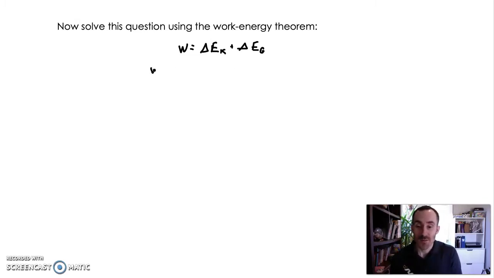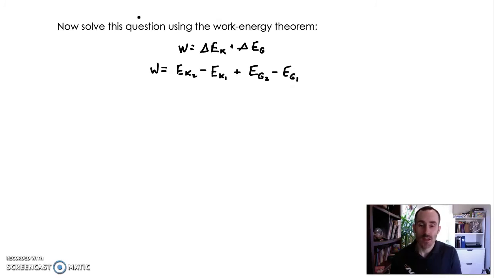When we expand this, we get work is equal to EK2 minus EK1, that's change in kinetic energy, plus EG2 minus EG1.